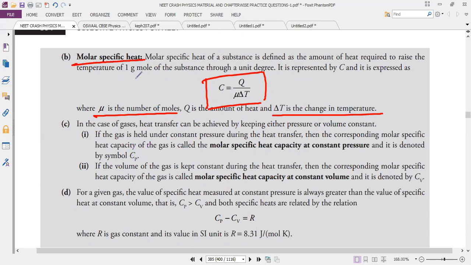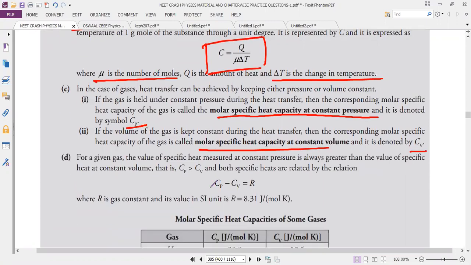The molar specific heat has two types: molar specific heat at constant pressure Cp and constant volume Cv. The relation Cp minus Cv equal to R. The formula for R, universal gas constant, R equal to 8.31 joule per mole Kelvin.